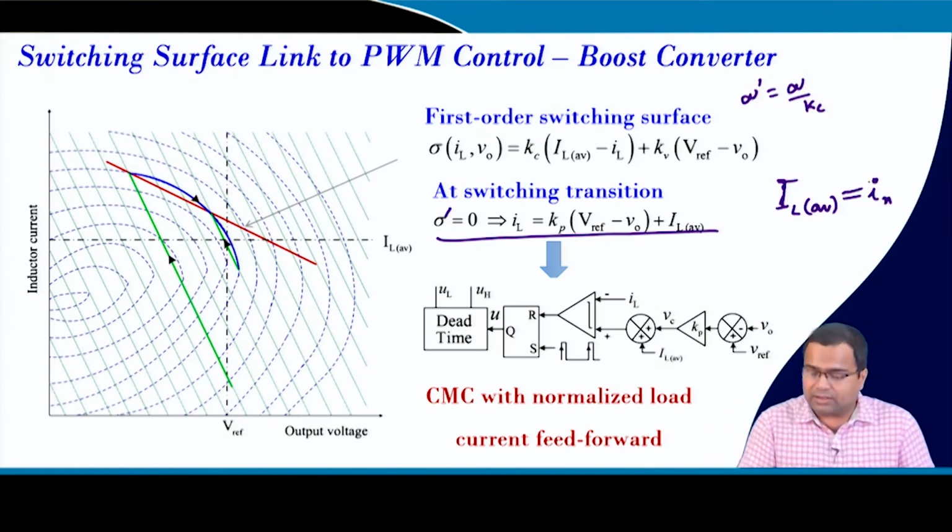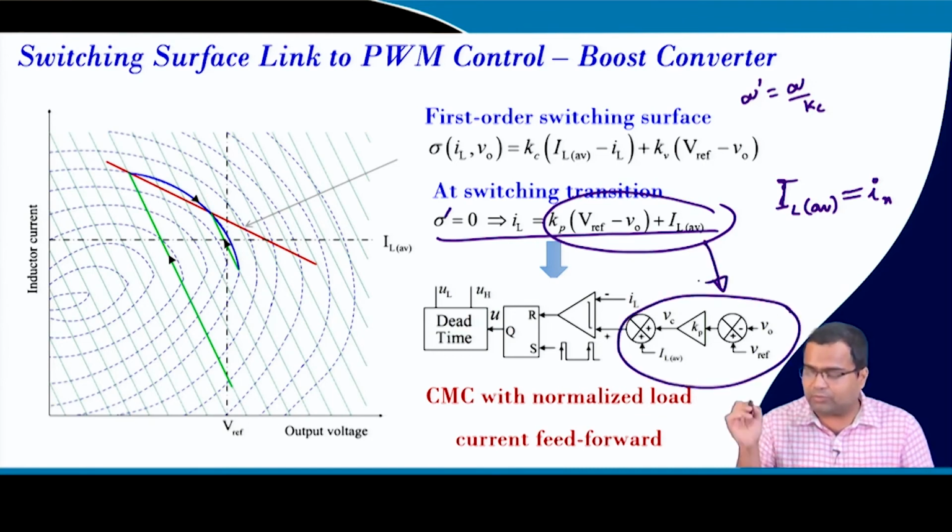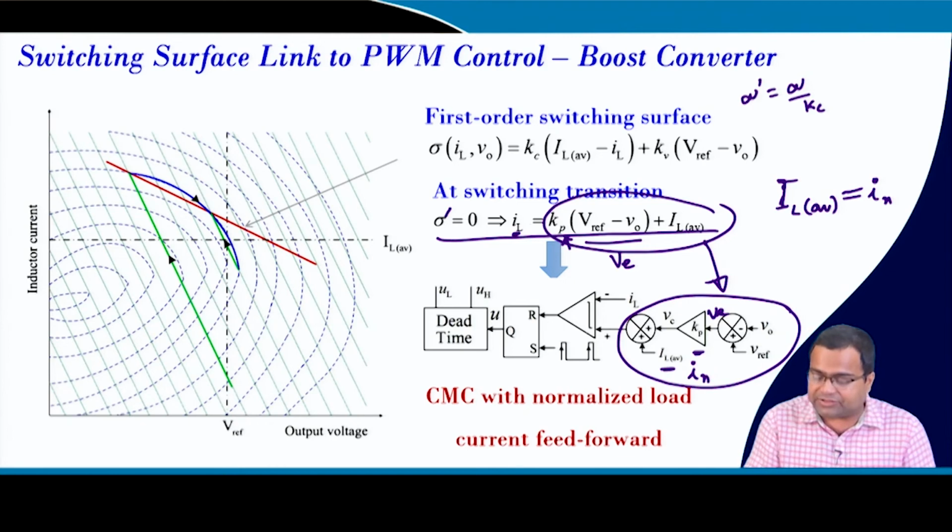And if at the switching transition it is 0, that means this whole part is nothing but this part, which looks like a proportional gain, this proportional gain into the error voltage. So, this is my error voltage into proportional gain, and that is added with the normalized load current, which is my IN, and the whole thing is subtracted from IL, because at the transition it is a comparator, and that can be linked if I want to use a PWM modulator, or we can use many other types of modulator.